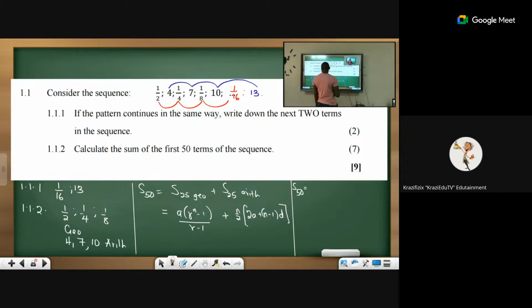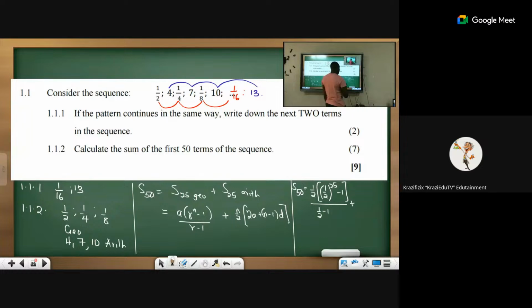For the geometric, what's our a? 1/2. All right, what is the ratio? 1/4 divided by 1/2, which would give you 1/2. But how many terms are there? 25, minus 1 over 1/2 minus 1.